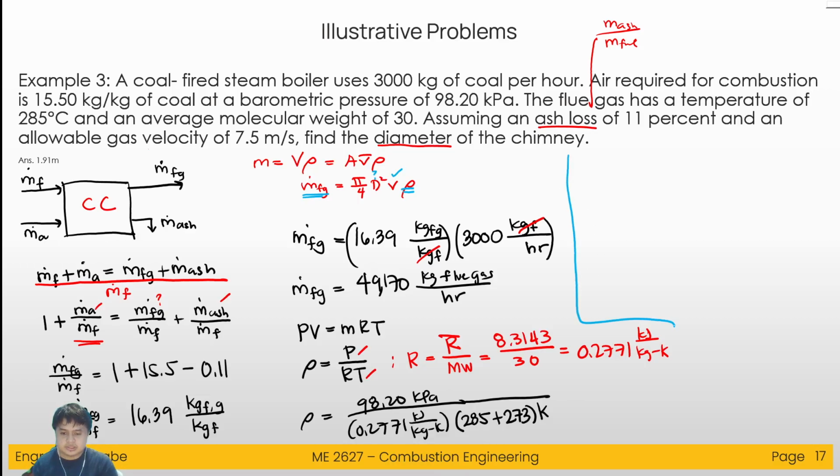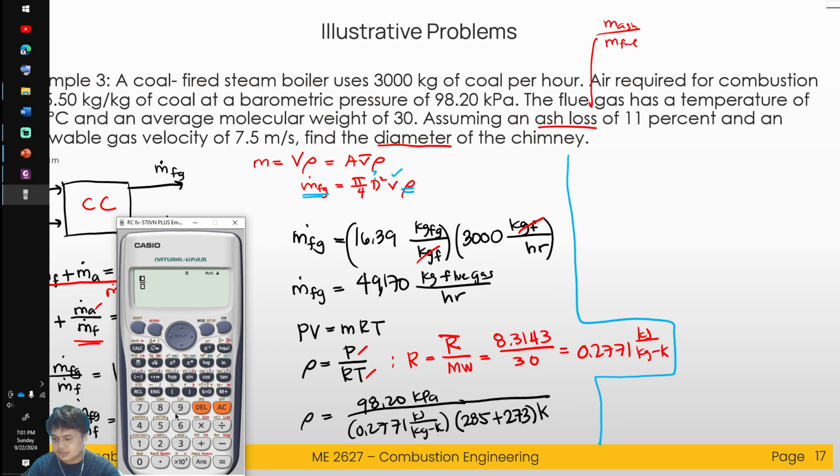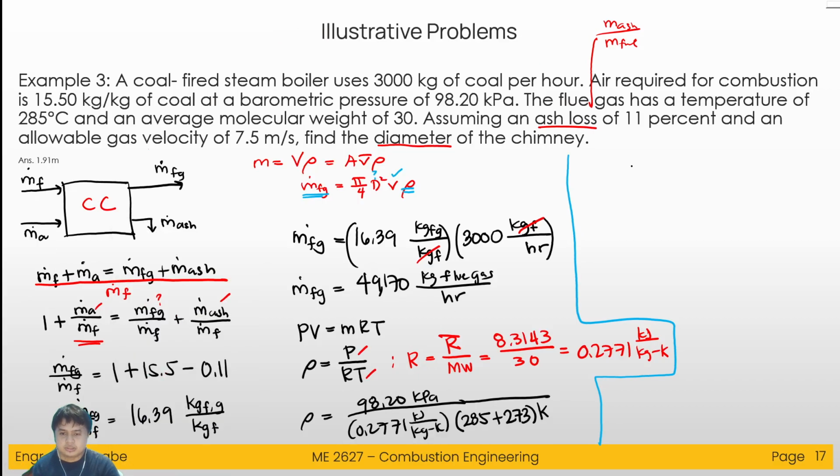So for the density, 98.2 over 0.2771 times 285 plus 273. The final answer is 0.6351 kilogram per cubic meter. Isn't that pretty low? The usual standard air is 1.2. Anyways, we can solve for this already.